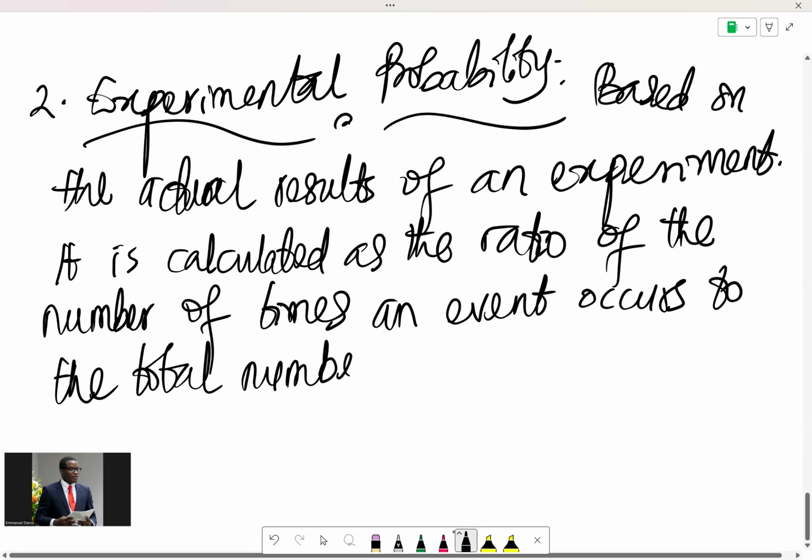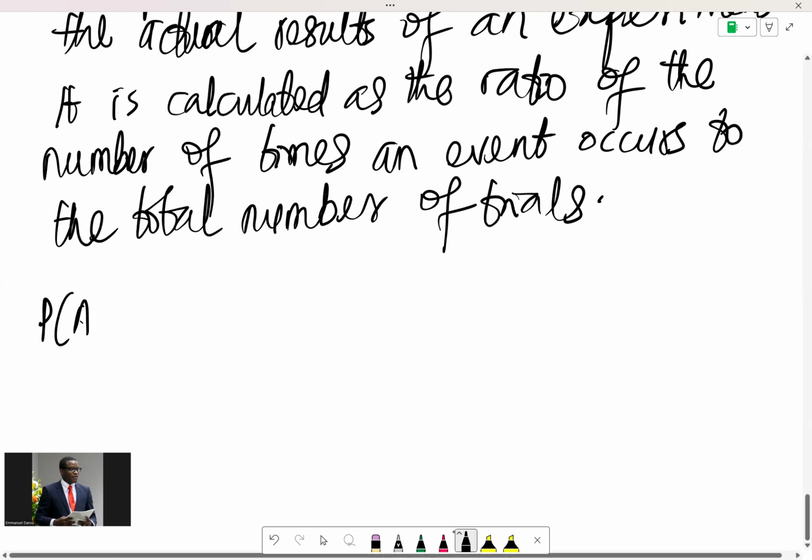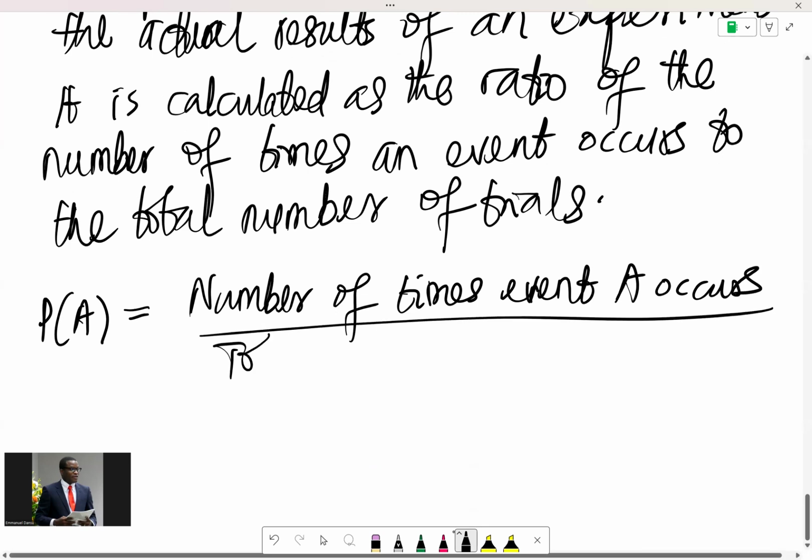So mathematically, we can express that as, if the event we're interested in is A, the experimental probability that A is going to happen is the number of times event A occurs divided by the total number of trials.